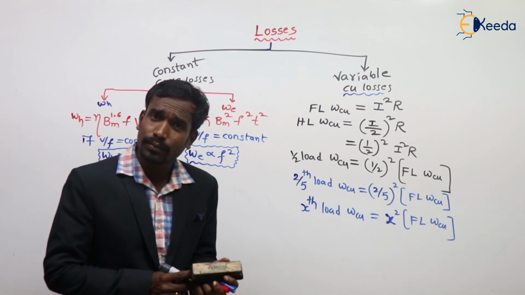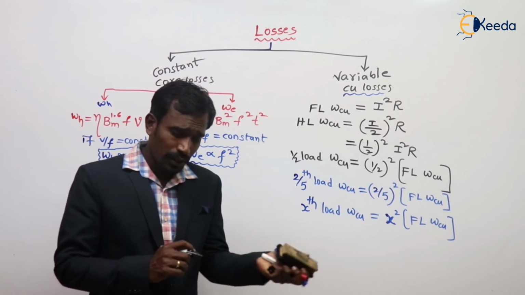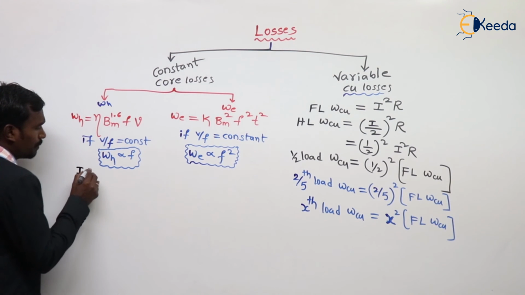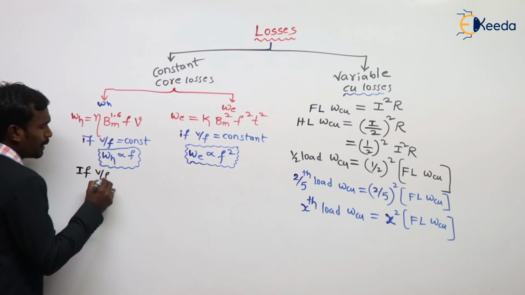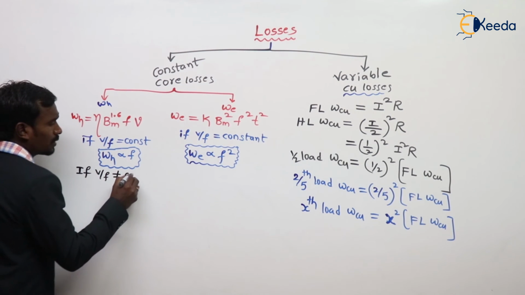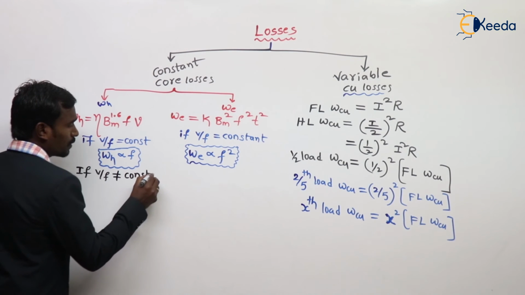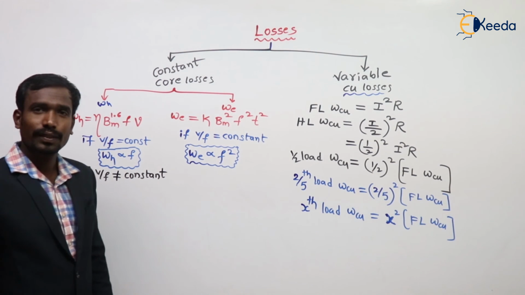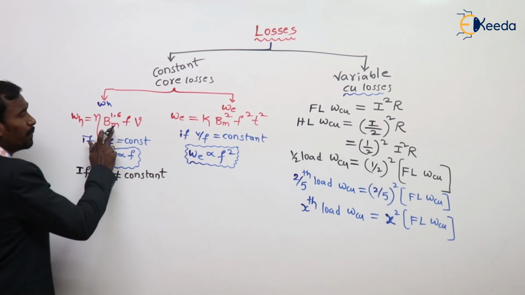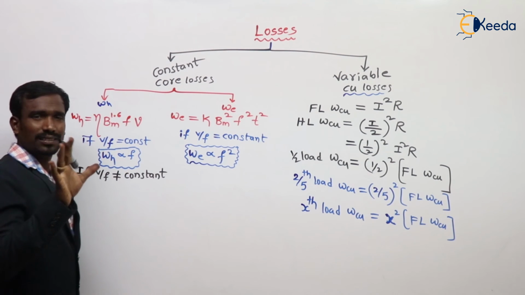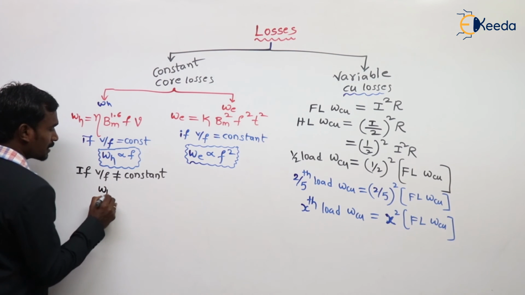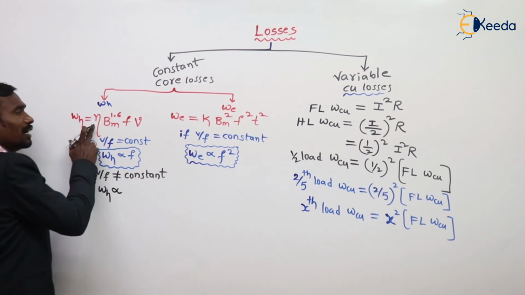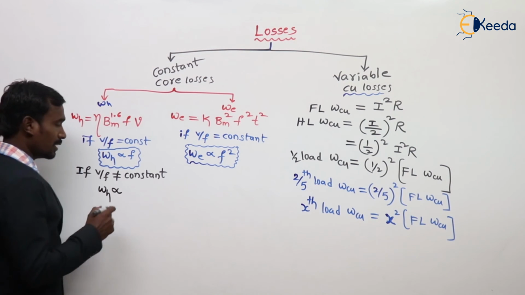Are you okay? Understanding or not? Now see here. For example, if the V by F ratio is not constant, B maximum is also not constant.